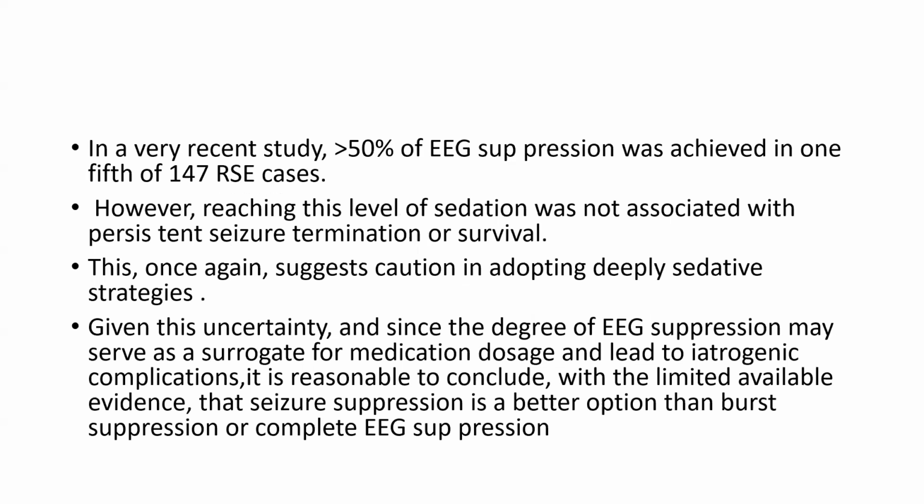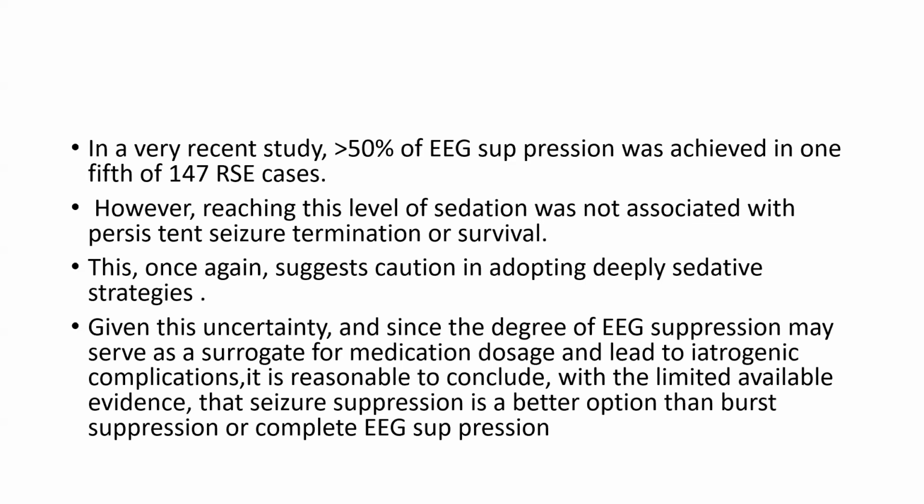In a very recent study, more than 50% of EEG suppression was achieved in one-fifth of 147 refractory status epilepticus cases. However, reaching this level of sedation was not associated with persistent seizure termination or survival. This once again suggests caution in adopting deeply sedative strategy.